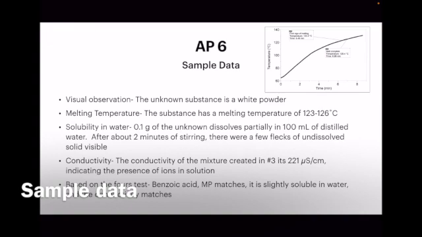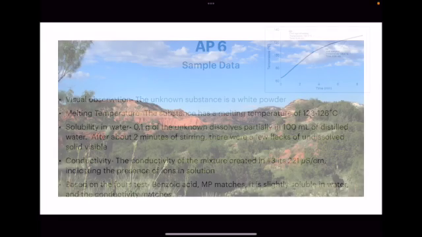So based on the 4 tests, I conclude that benzoic acid matches with the melting point. Benzoic acid is also slightly soluble in water, and the conductivity matches with that. And if I wanted to, I could do additional tests and use the pH probe or universal indicator.